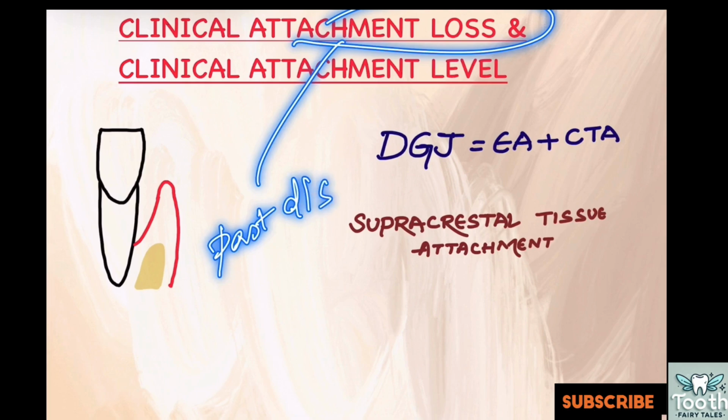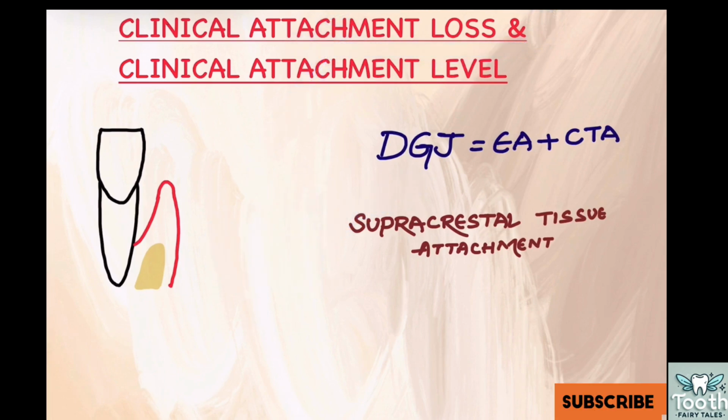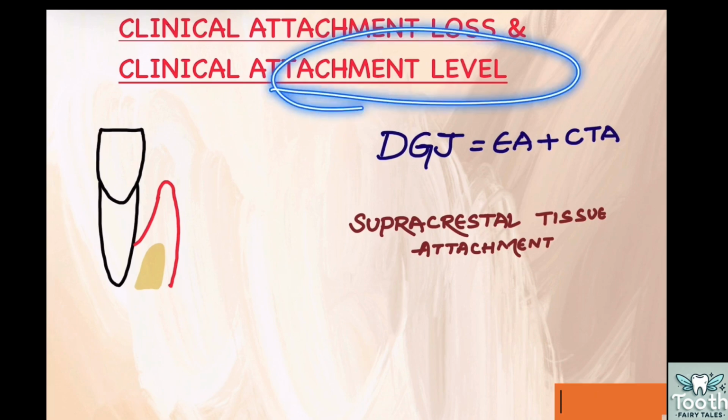It tells us how much tissue we have lost over time. So we take this measurement during the examinations to assess the periodontal damage and to see if the treatment is needed.